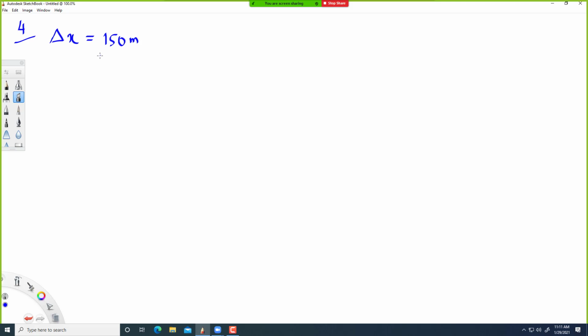And the speed for the takeoff needs to be 27.8 meters per second.